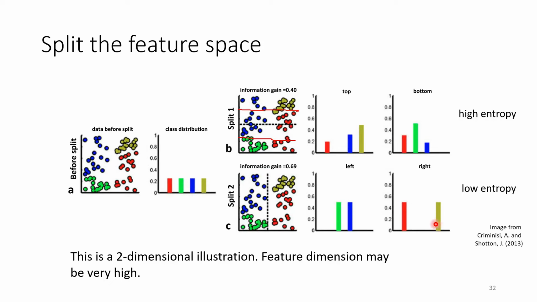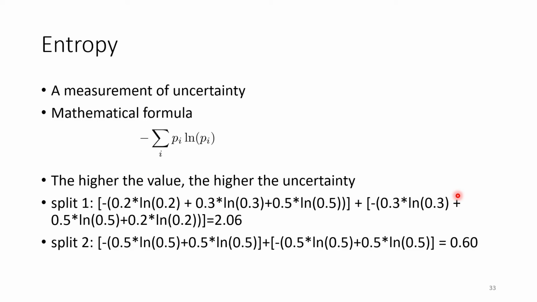So the next question is, what is the best split? Usually, we will choose the low entropy. The lower the entropy, the better the split. So what is entropy? Entropy is a measure of uncertainty, so lower entropy means higher certainty.